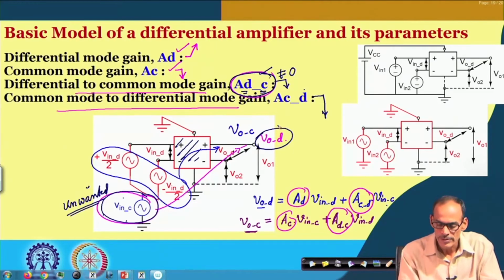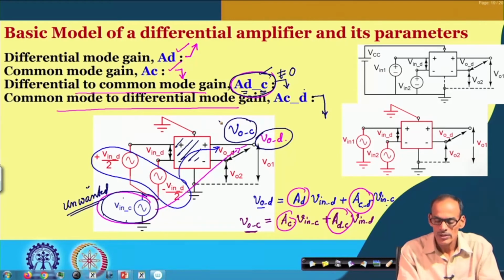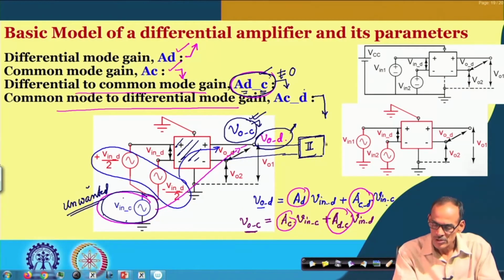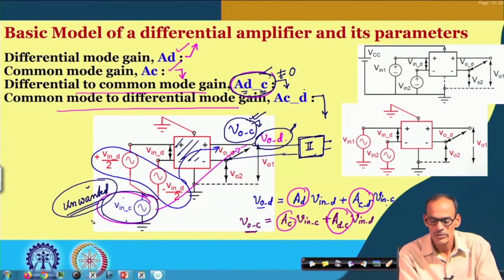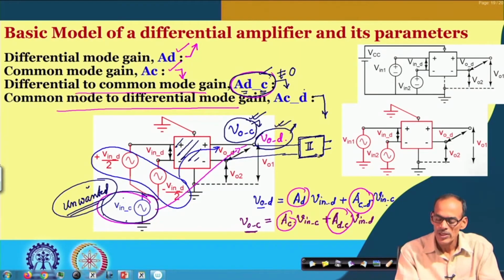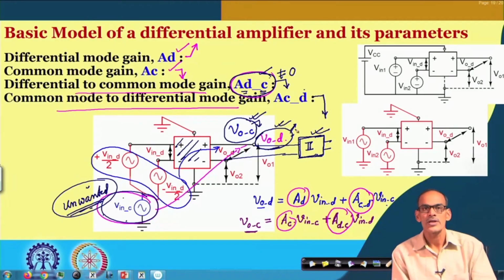On the other hand, in case V O C, the output common mode signal, is still significant, then probably we can put this signal into the input port of a second differential amplifier, where we can further suppress this unwanted part and appreciate the wanted part. But once this unwanted common mode part is getting converted into the form of differential, then using the second differential amplifier is of no use, because this differential amplifier cannot really suppress the unwanted part which already got converted into differential form.